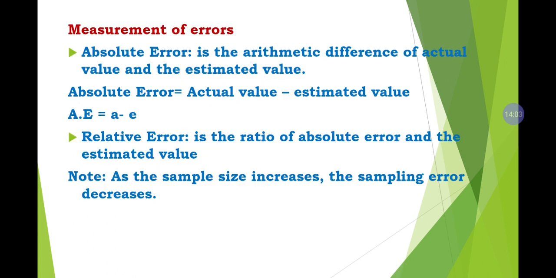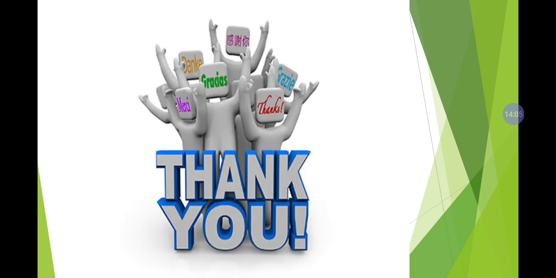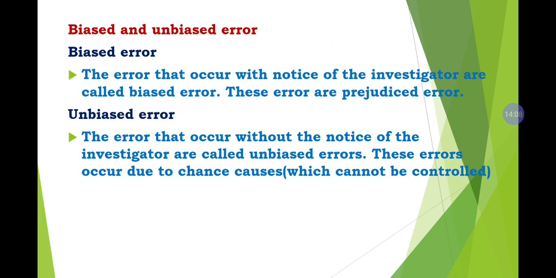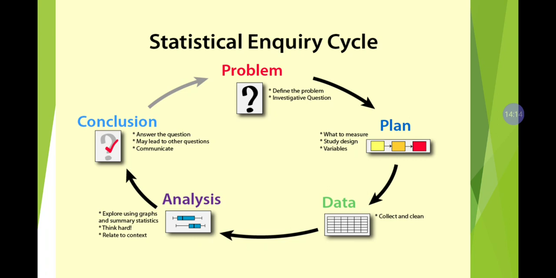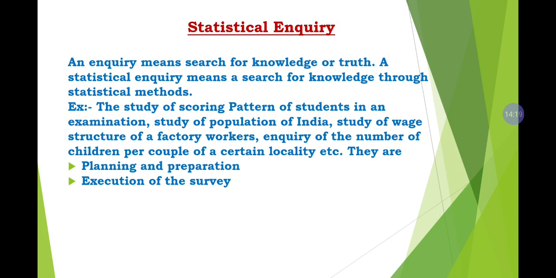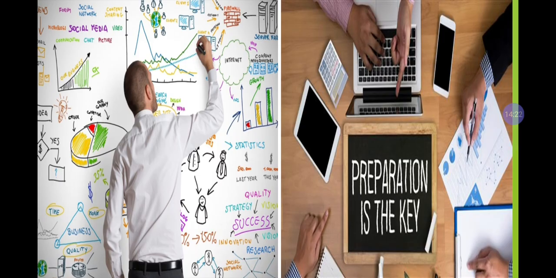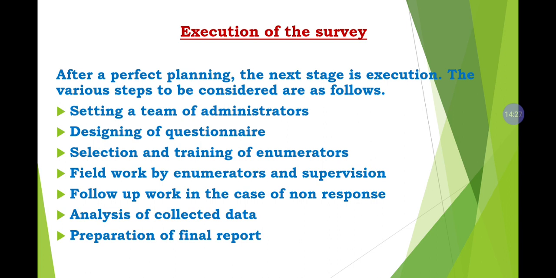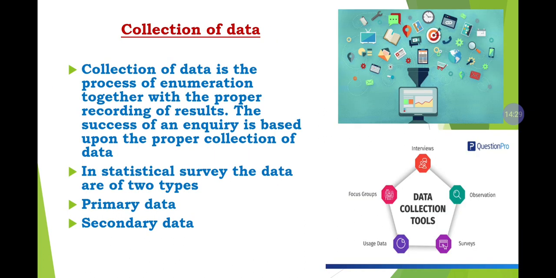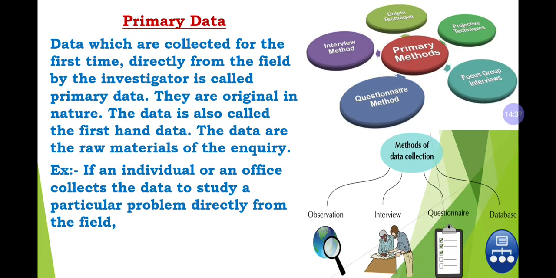Yes students, this is the end of your second chapter. Here we first saw statistical inquiry. Under that we saw planning and preparation, then execution, then collection of data, primary data.